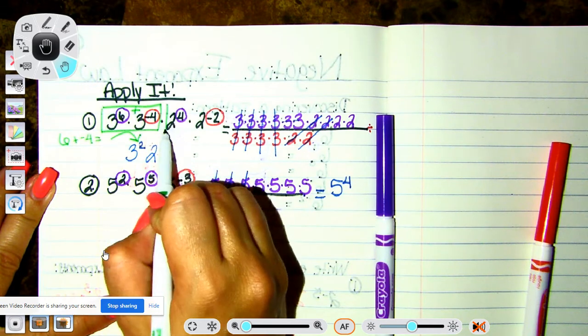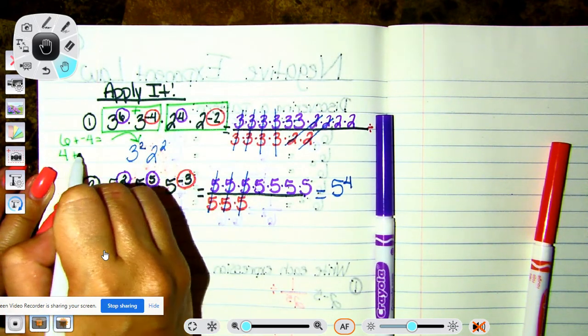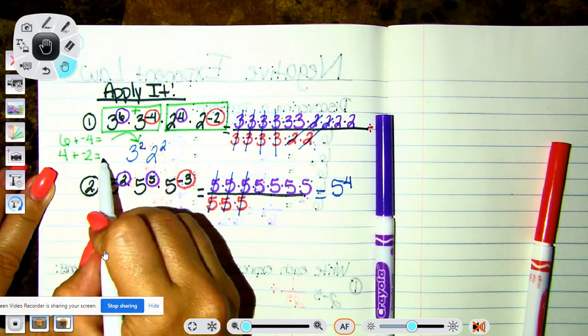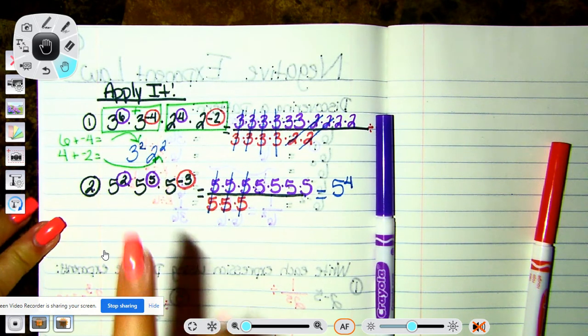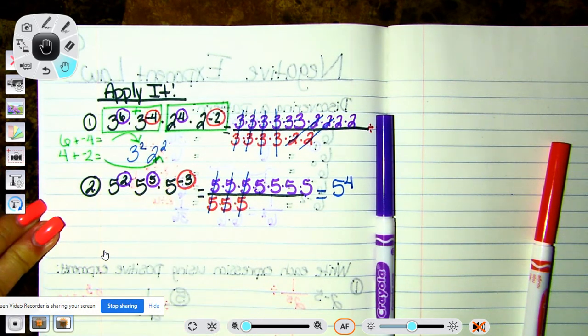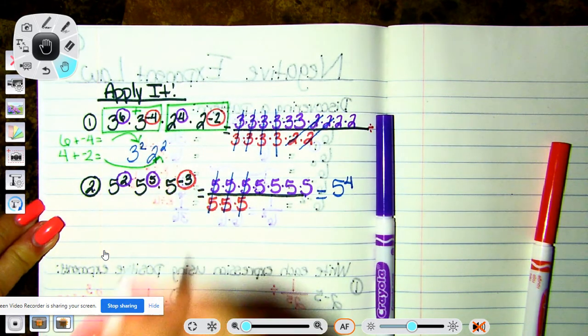Now I have the same bases here. They're both 2's. What's 4 plus negative 2? Oh, that's 2 as well. Okay, you may be onto something, Miss Sams. All of these are the same base. Let me just add my exponents because they're multiplying, technically.